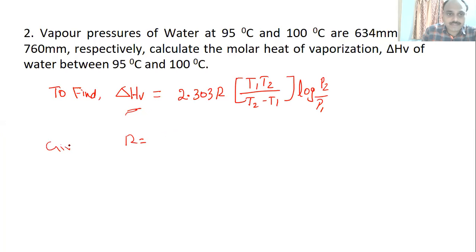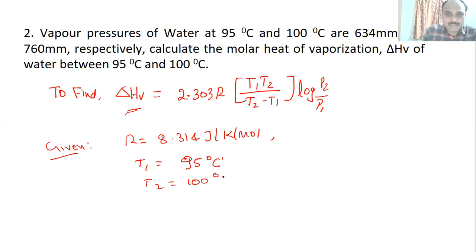It is not given, but it is known, 8.314 joule per Kelvin per mole. That is one. And T1 is 95 degrees Celsius, and T2 is 100 degrees Celsius. Next is P1. P1 is 634 mm, and P2 is 760 mm.